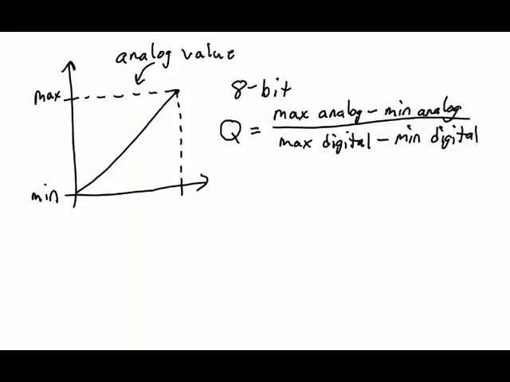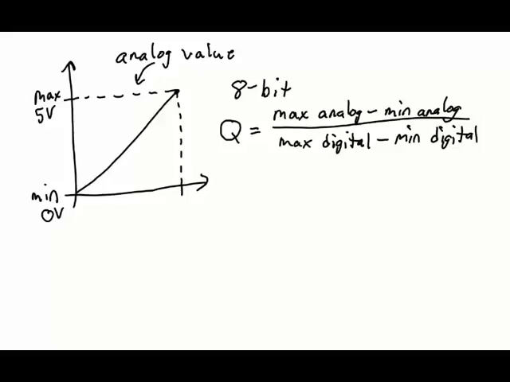For this example, let's suppose that the minimum analog value is 0 volts and that the maximum analog value is 5 volts. That's a common situation with analog sensors, especially ones that are being used with microcontrollers.